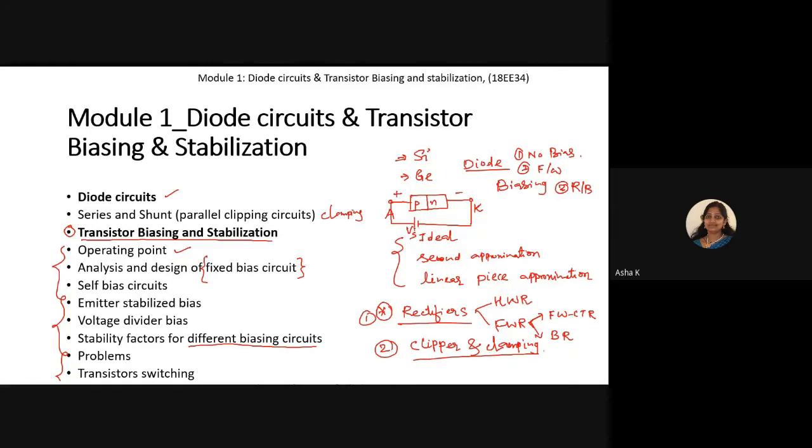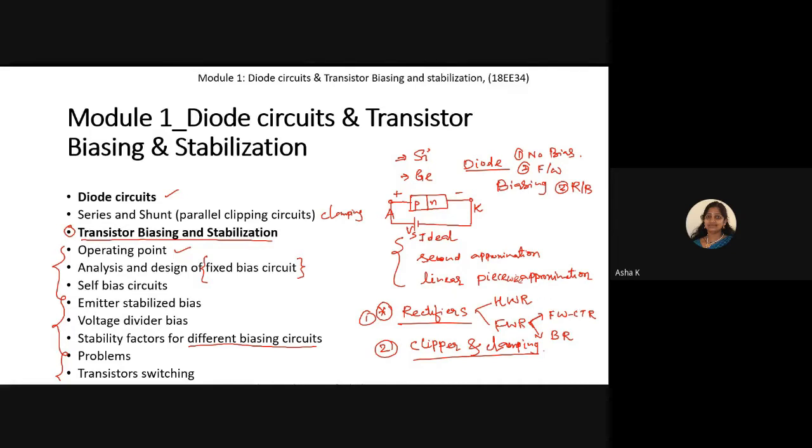When VS supply is applied, we were discussing what is forward biasing and what is reverse biasing, and also the three approximations: ideal approximation, second approximation, and linear piecewise approximation. We just revised once in the previous class. And also the other applications of the diode: rectifiers, one is the half wave rectifier, the second one is the full wave rectifier.